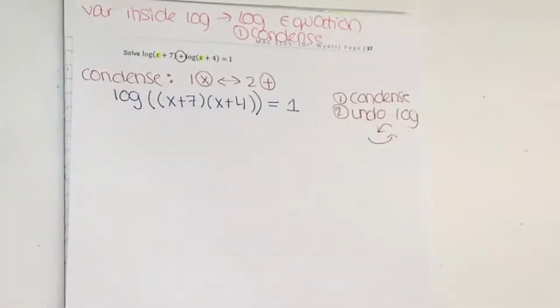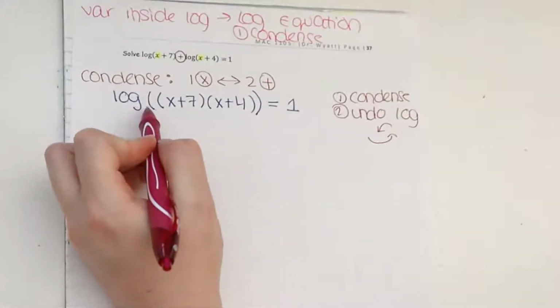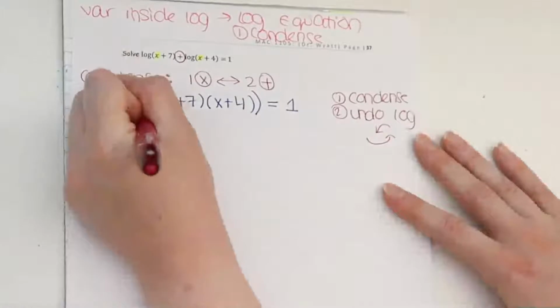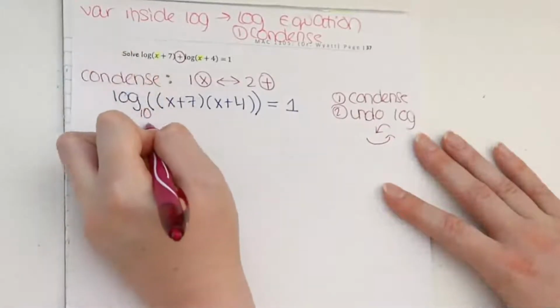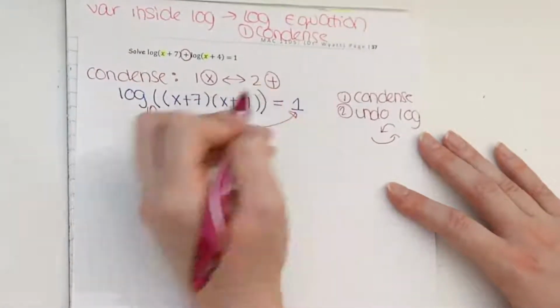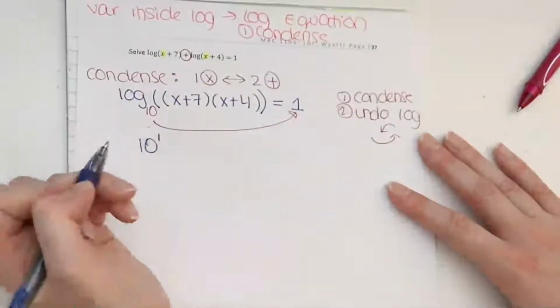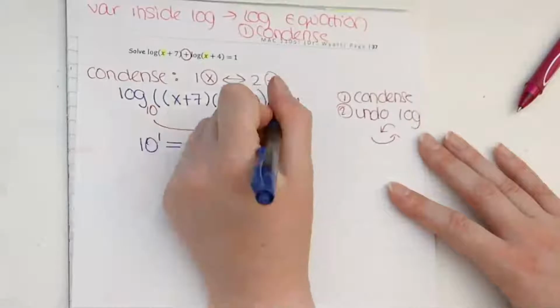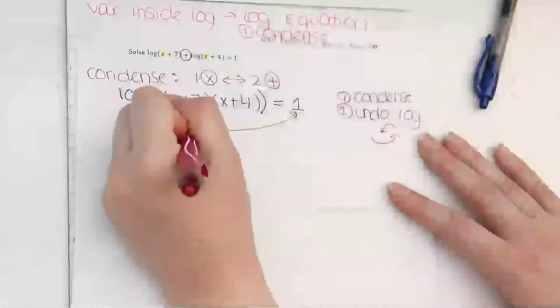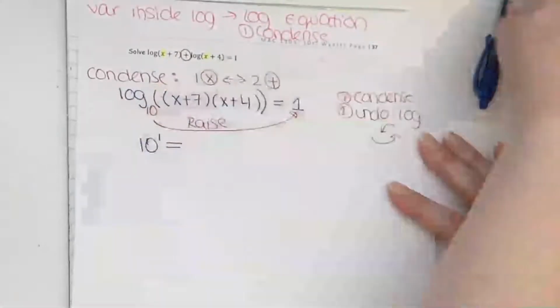Now, for the raise equal to, let's think about that. What is our base of log? Our base of log is 10, and we're going to take that 10 and raise it to the first power. So this is going to be 10 to the first, and then that is going to equal the argument.